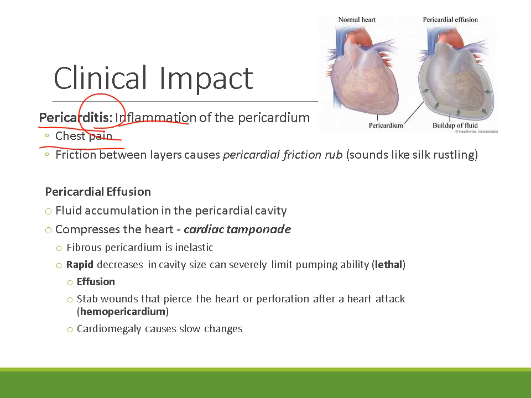So when you lay down, that can result in kind of suspension and pulling on the pericardium. So deep breathing and laying down typically worsens the pain of pericarditis. It typically feels better when patients are sitting up and leaning forward. That tends to take some of the pressure off of that pericardium.